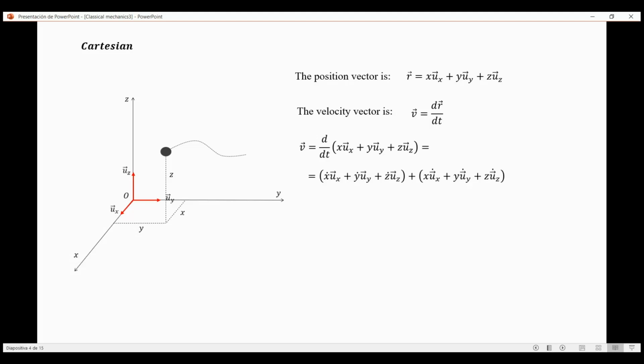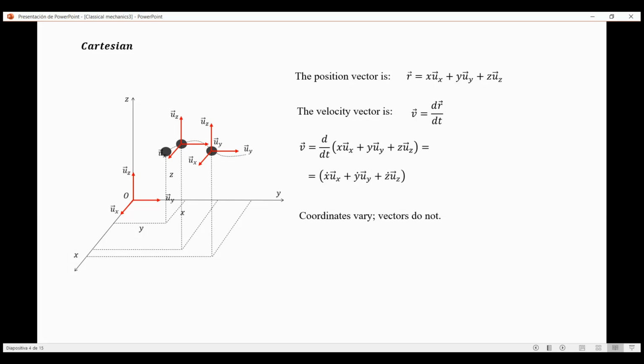So we derive the coordinates, and to be pure, we would also derive the unitary vectors. But the unitary vectors are always constant along the motion of the particle. So coordinates vary, vectors do not. So this bracket here is just 0, and that is the expression for the velocity: x dot ux plus y dot uy plus z dot uz, where dot means simply derivative in time.